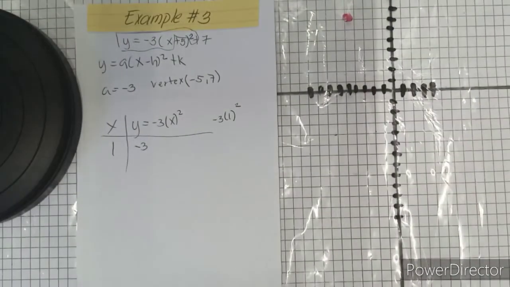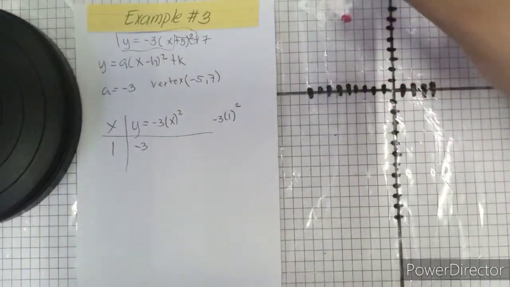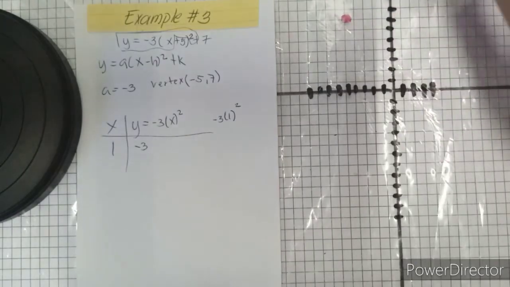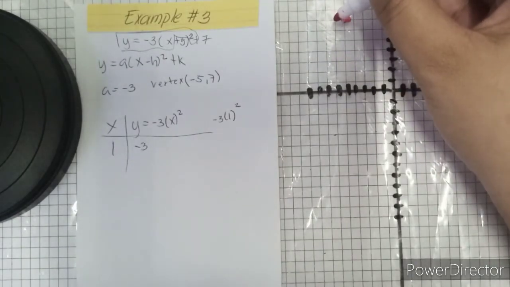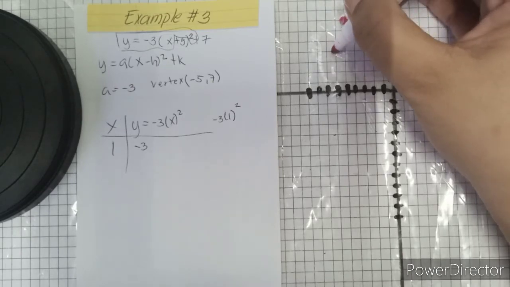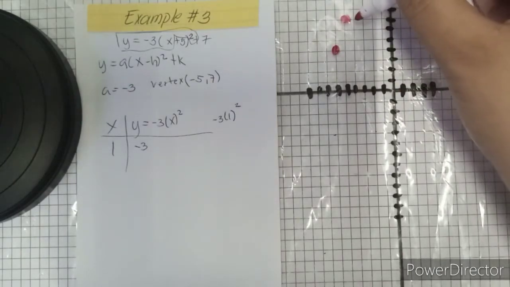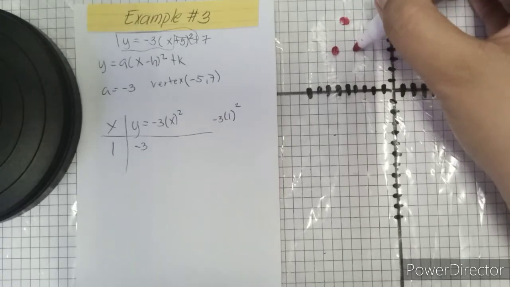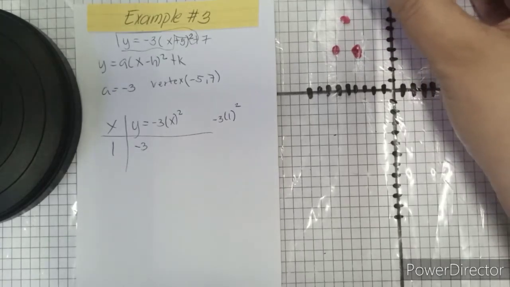So, plot natin yung points na yan. So, move tayo ng either pakaliwa or pakanan ng isa. And then, going downwards tayo ng tatlo. So, 1, 2, 3. So, andito yung isa. Pag sa right naman, move tayo ng isa. Then, 1, 2, 3. Okay, since symmetrical nga siya.